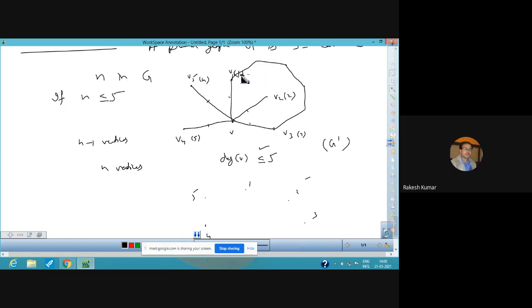Now ये था आपके पास V1. Now it has been given as 1 2 3, and this is a 4 and this is a 5.